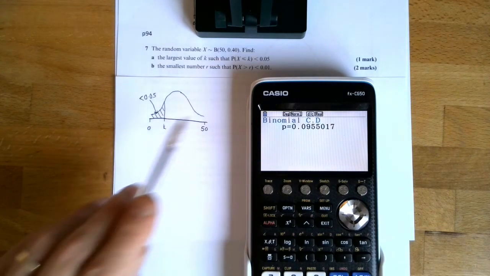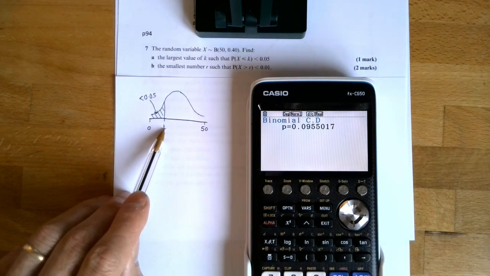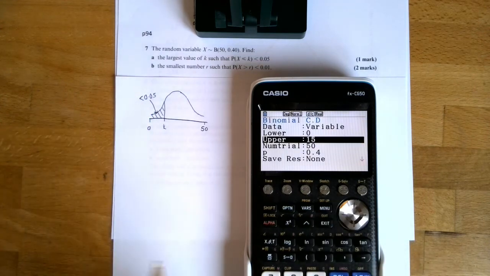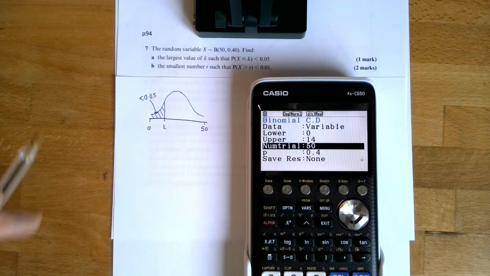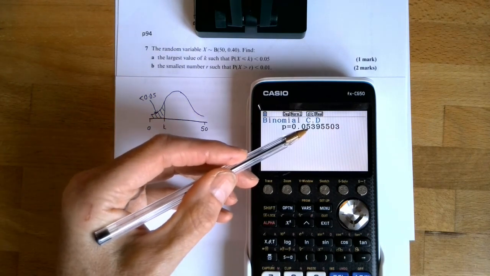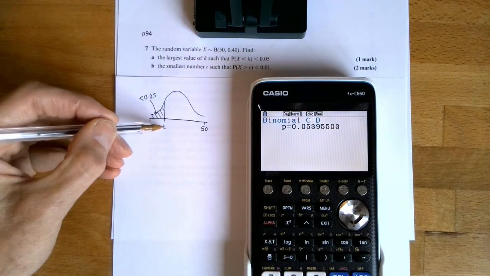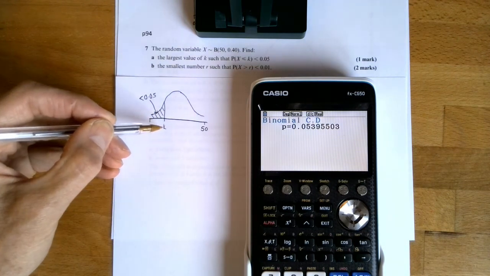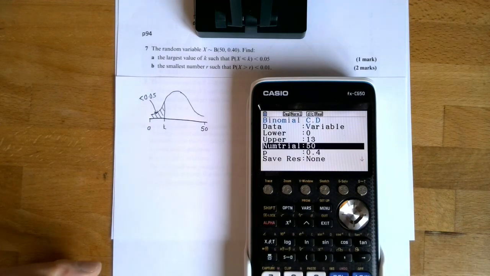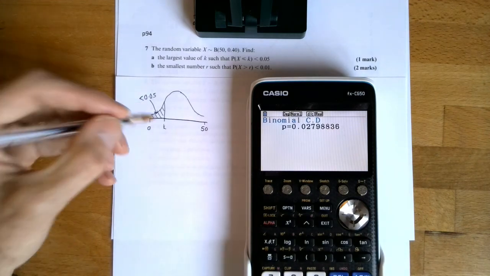I want the last value which is less than this. So 15 is too far. So let's go down. I know it's between 10 and 15. Let's go down to 14. Right, 14 is just bigger. So that's no good. All right, so it's probably going to be 13, isn't it? Let's just double check. Yeah, 13.